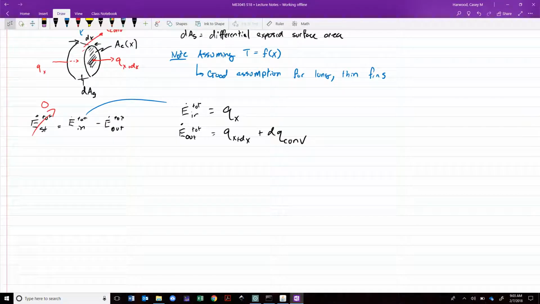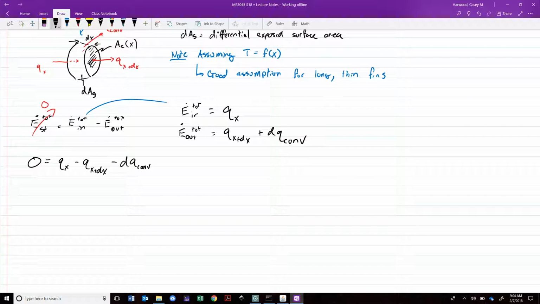So, a couple of intermediate steps here. Plugging those in, we end up with 0 is equal to qx minus qx plus dx minus dq convective.